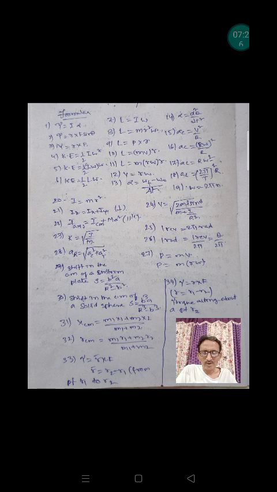Now the 23rd formula, radius of gyration. We know that for a rotating rigid body about an axis, the masses are at different distances. They are not uniformly distributed. They are distributed at different distances from the axis of rotation with different radii. If you wanted to combine all those distances of the smaller masses, their average should be considered.